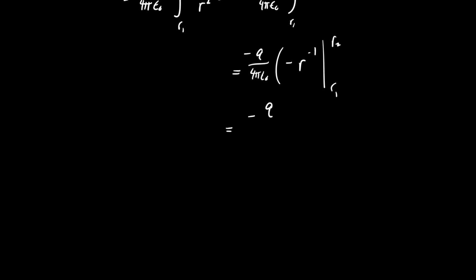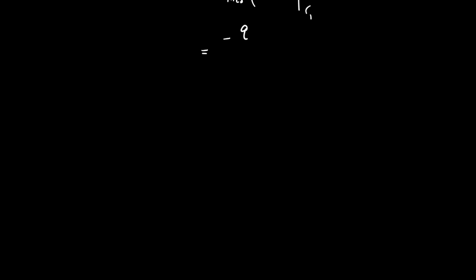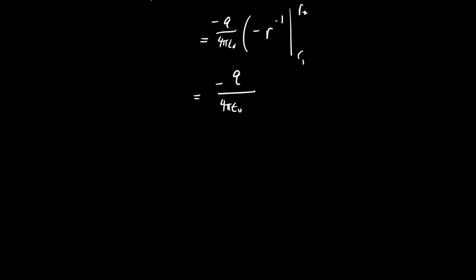So I've got negative q over 4 pi epsilon naught times negative 1 over r2 minus negative 1 over r1. That all okay?